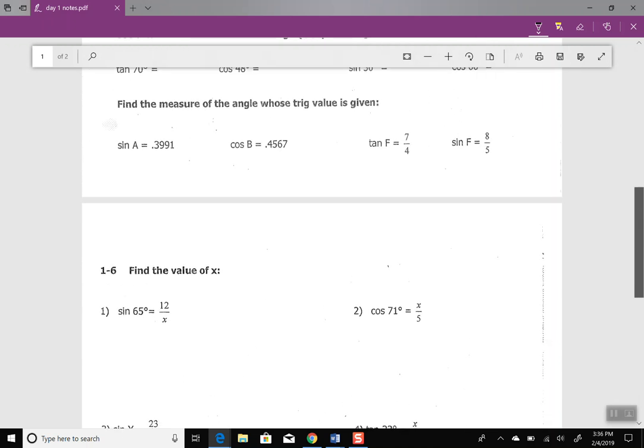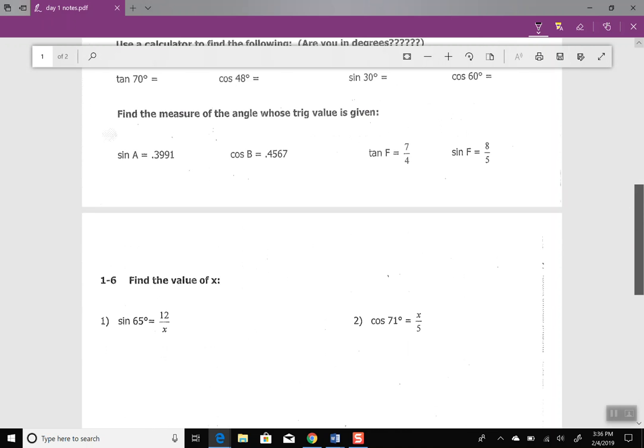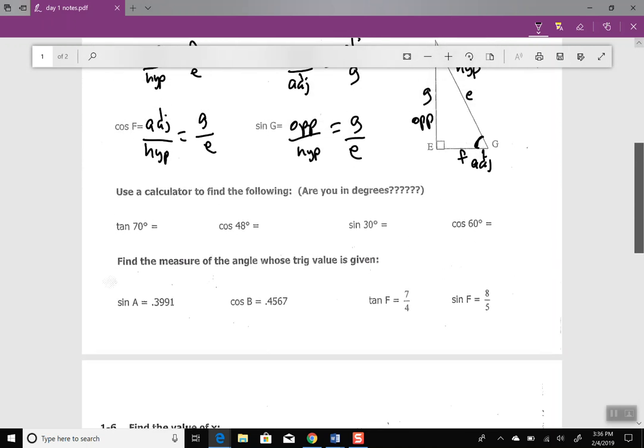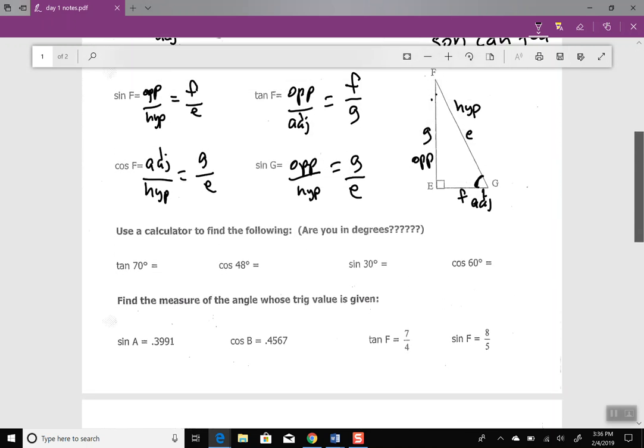Okay. So we can use these relationships to find particular angle measures. So for instance, let's say sine of 30 degrees. If I had a triangle, if this is 90 degrees, halfway would be 45 degrees.